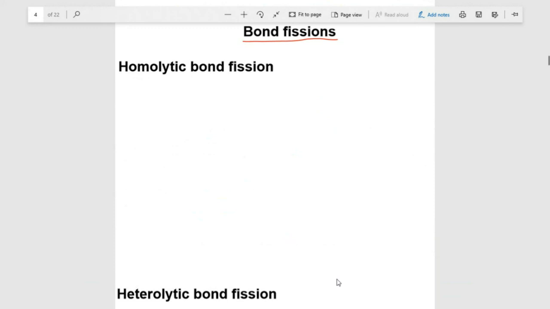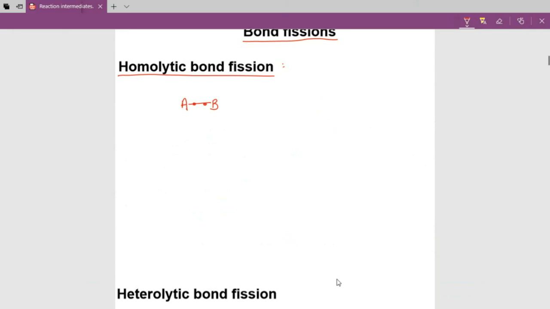what type of bond fissions are involved in a particular type of reaction intermediate formation, or overall in any reaction. First is homolytic bond fission. Assuming there is a covalent bond A and B, both having a shared electron pair, if the breakage is such that A takes its electron and B takes its own electron, then this is called homolytic.